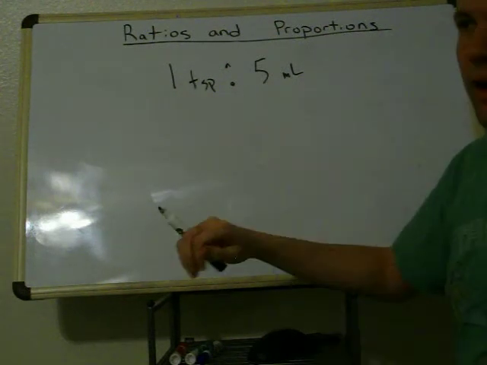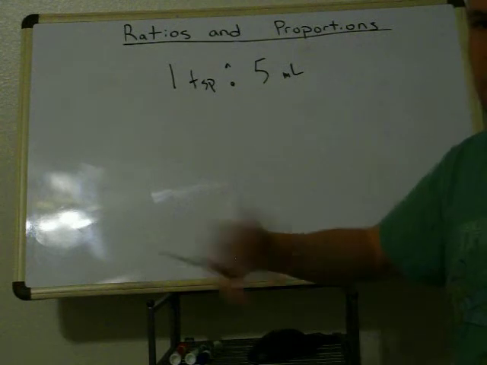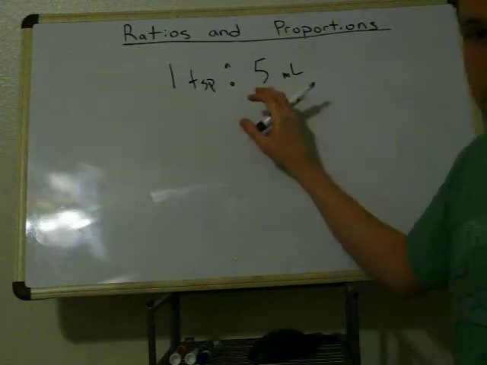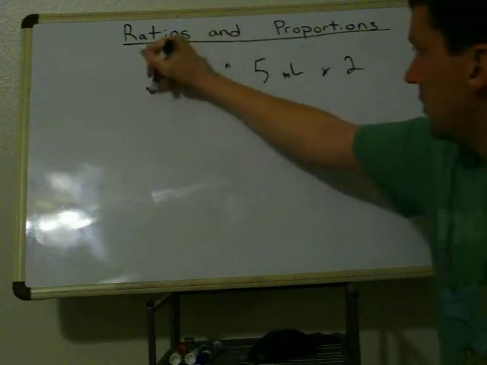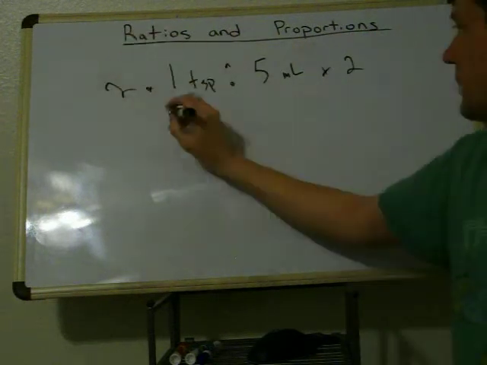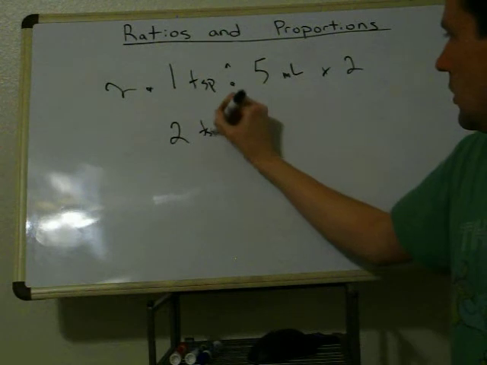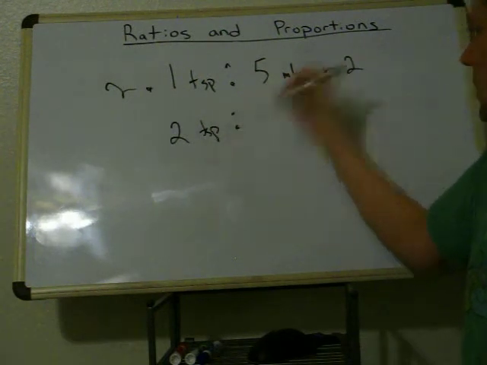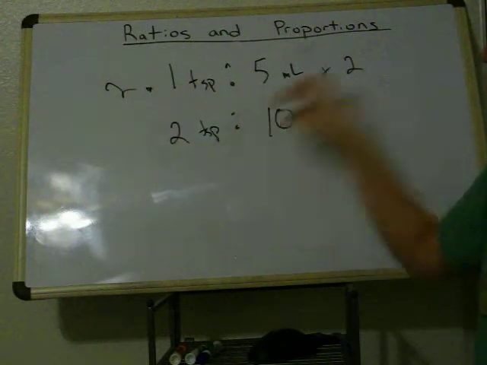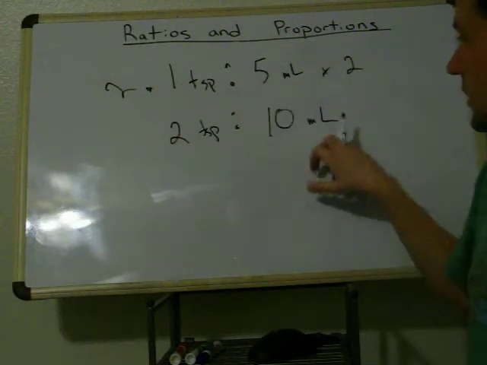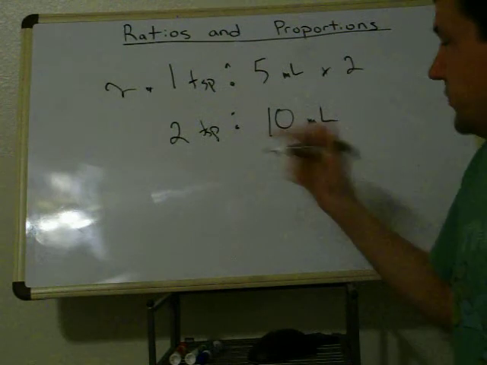One way to find an equal ratio is just to multiply each side by the same number. So if we multiply each side by 2, we have 2 teaspoons for every 10 milliliters. Again, 2 times 1 is 2, 2 times 5 is 10. We can do another one.